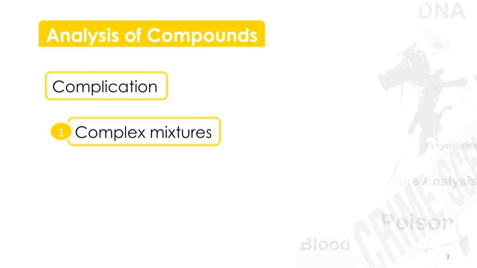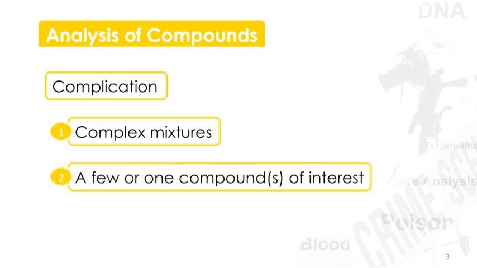They're supposed to be there. Urine, for instance, contains all the byproducts of our metabolism. And the forensic scientist will be analyzing that very complex mixture for maybe just a few or even one compound that is of interest.